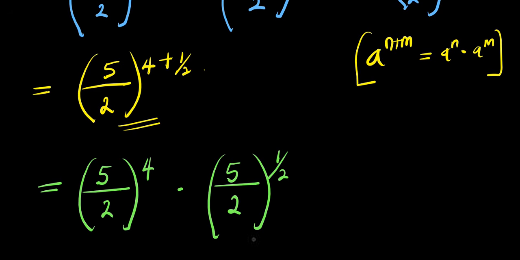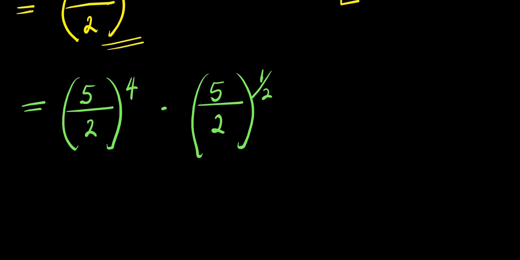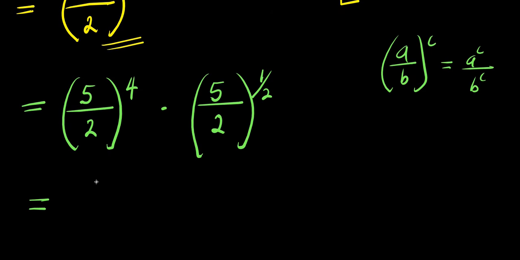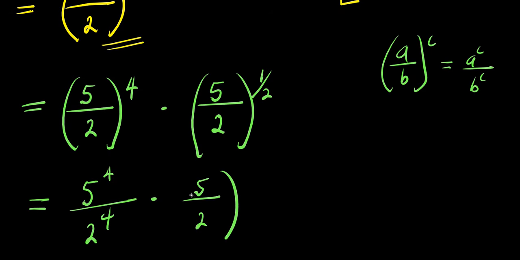Now, what we can do is to go back to this identity. Remember, if you have a divided by b to the power of c, this equals a power c divided by b power c. So we apply that here. We are simply going to have 5 power 4 divided by 2 power 4 times 5 divided by 2 to the power of 1 over 2.